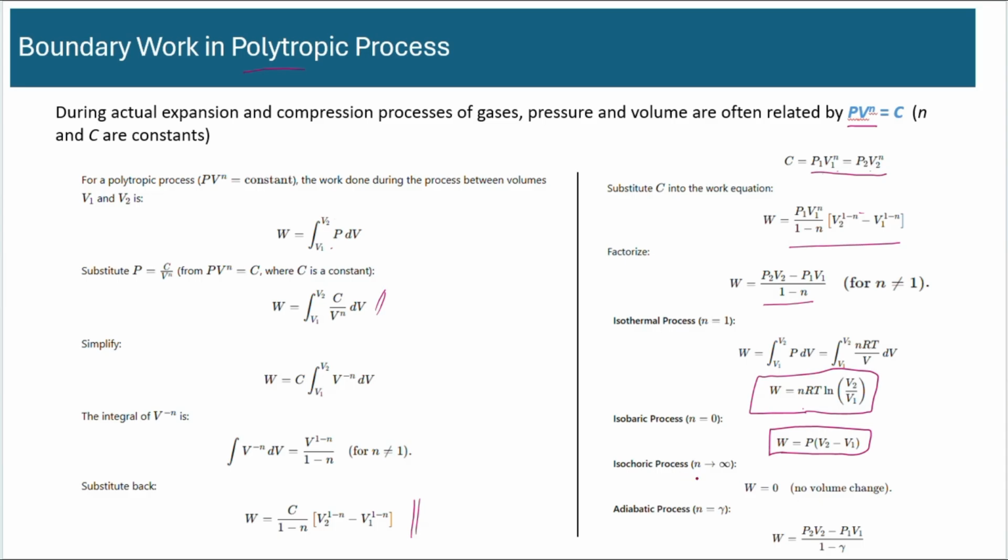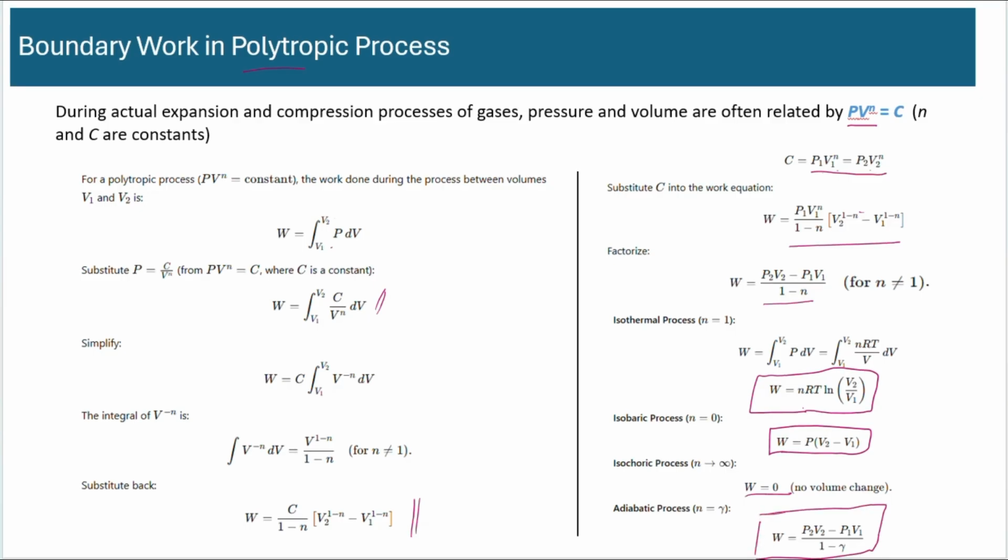For an isochoric process, where there is no volume change, the work done is 0. There's no change in the boundary location. And for adiabatic processes, this is the equation for the work done. You can verify these calculations yourself when you get a chance. You don't have to memorize them, but you could use this to understand where the derivation comes from.